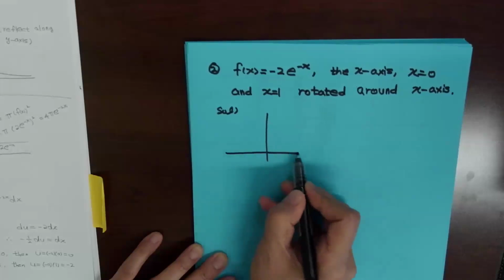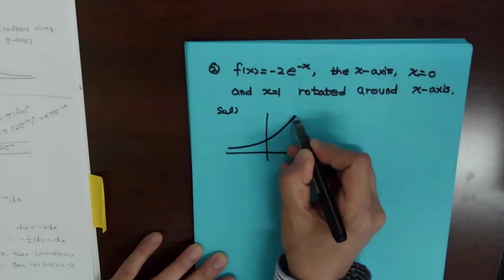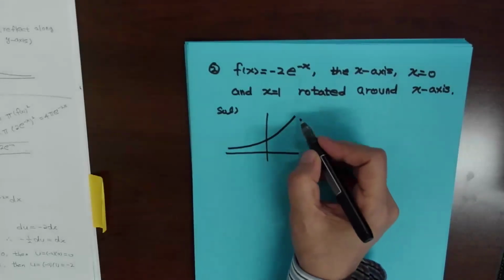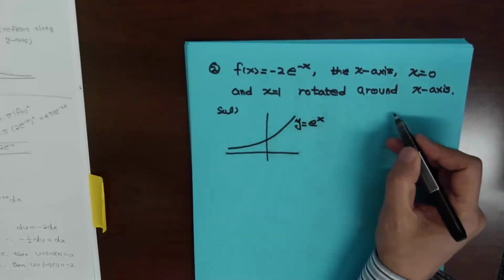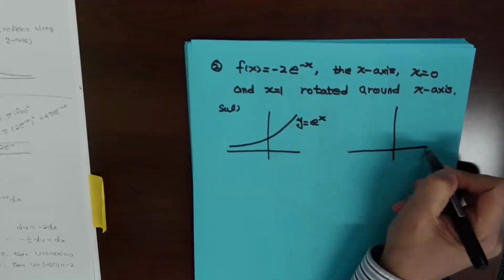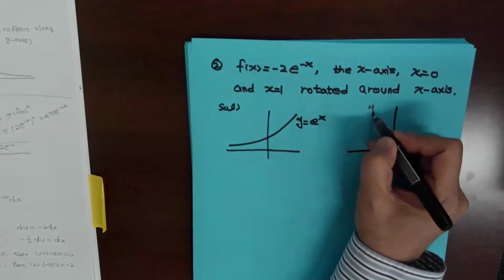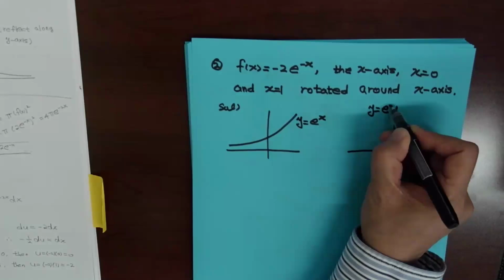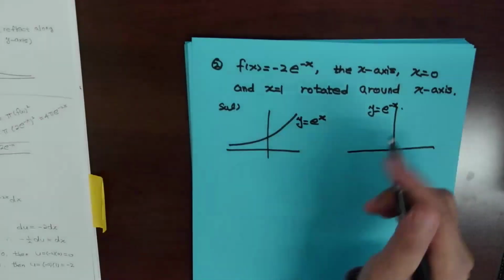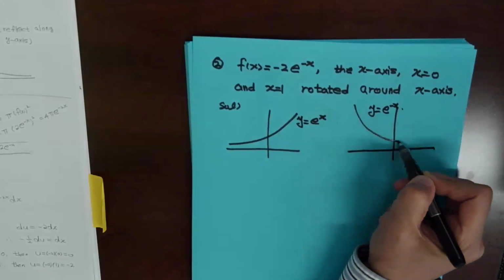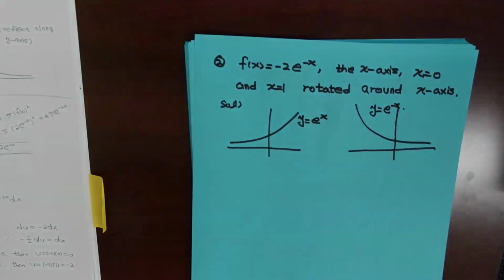Our review is how does the function look? So y equals e to the x looks like this. And y equals e to the negative x will flip along the y-axis. So it will look like this, right?